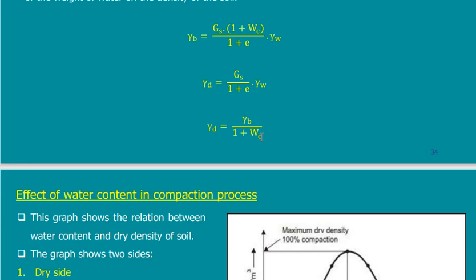But what is the value of the maximum density? The maximum density is the location where I reach the maximum compaction. Settlement cannot happen anymore. So calculating the amount of water needed to reach the maximum dry density or the maximum bulk density is important.